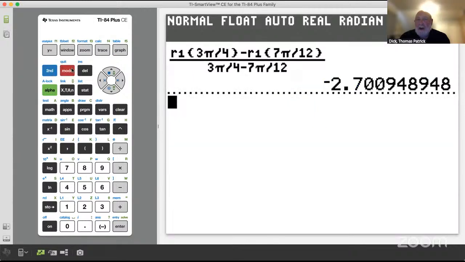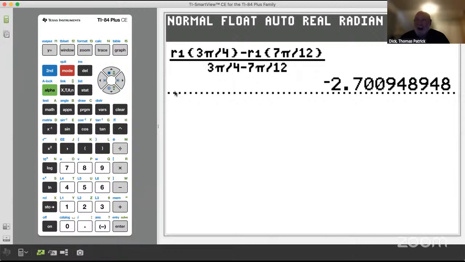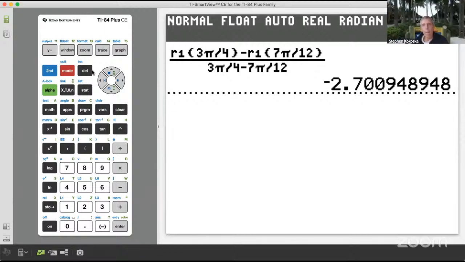We go to the calculator screen. What I've got here is I calculated that rate of change. Of course, it's returning that final calculation in decimal form. But if I wanted to look at, say, R of 2 pi over 3, what is the actual value?